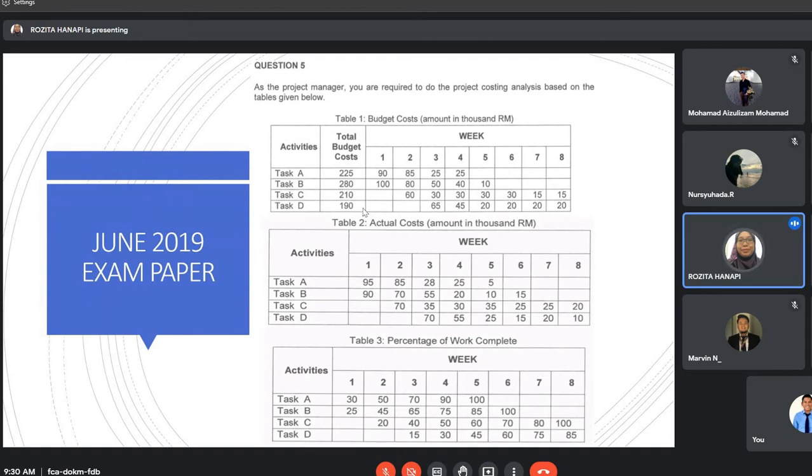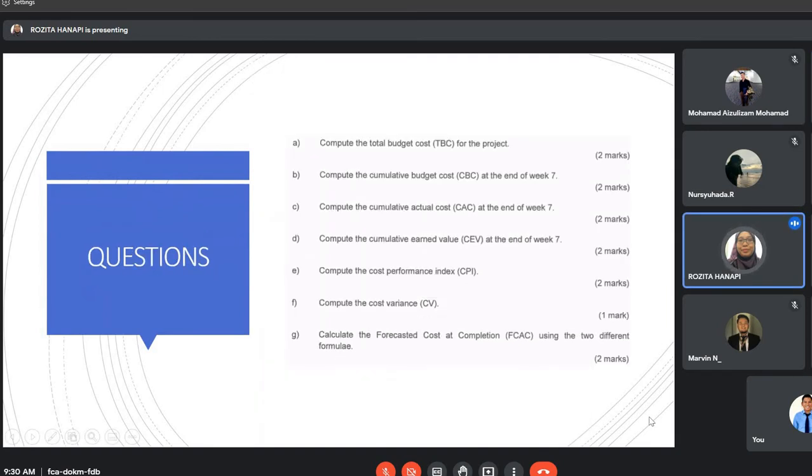So ditambah 225 plus 280 plus 210 plus 190 is 905. Betul? Betul lah? Betul, Madam. Okay, so you jawab ni A. Jawapannya adalah 905,000.